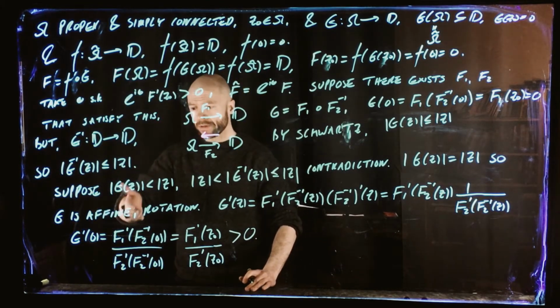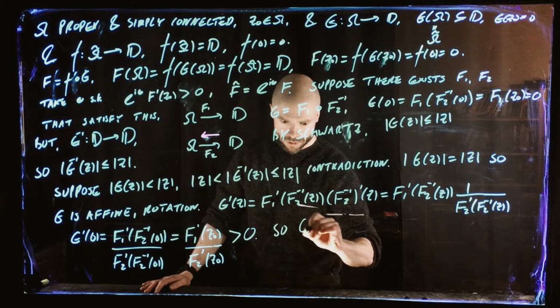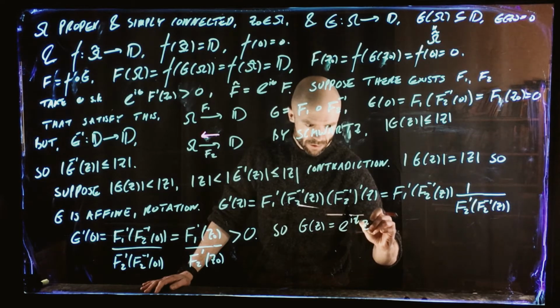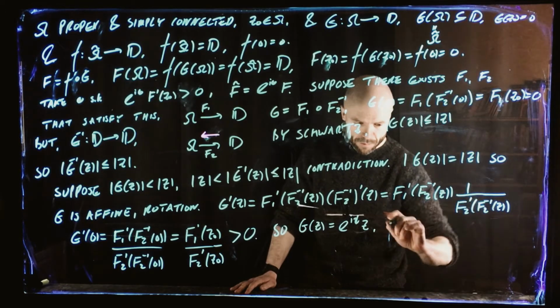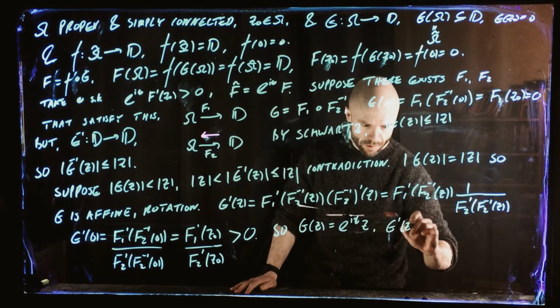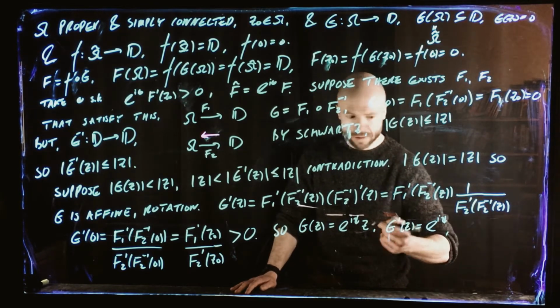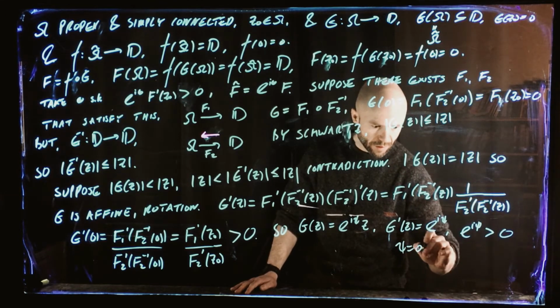And the only rotation that works: g of z is just a rotation, so it's e to the i phi times z, and then g prime of z is just this constant e to the i phi, and therefore, since we know what it is at 0, it's real and positive, so e to the i phi is equal to 1, which means that phi is equal to 0, right?